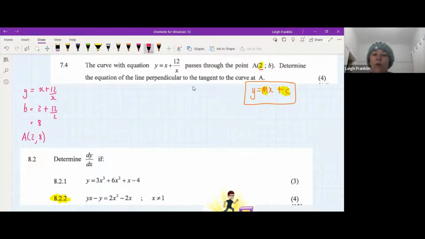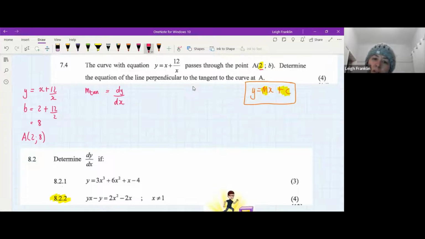Right? Now what we need to do is find the gradient at that point. All right, so how are we going to find the gradient at a point? We're going to use the derivative. Okay, so in other words, the gradient of the tangent is going to be equal to the derivative of y with respect to x.